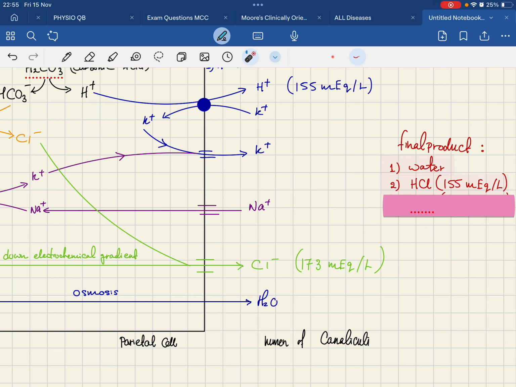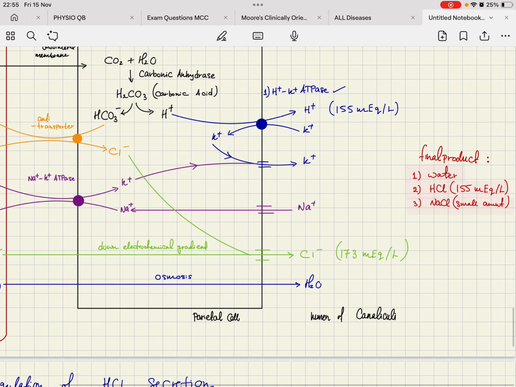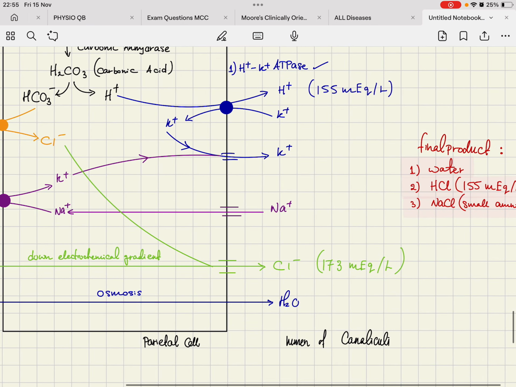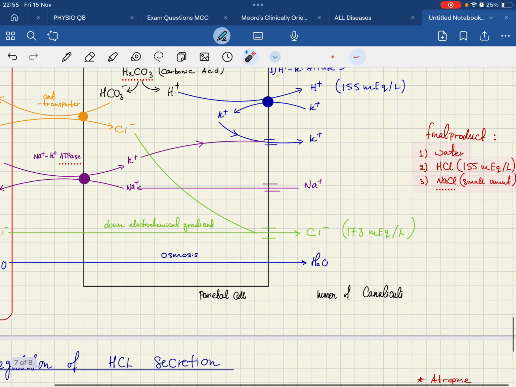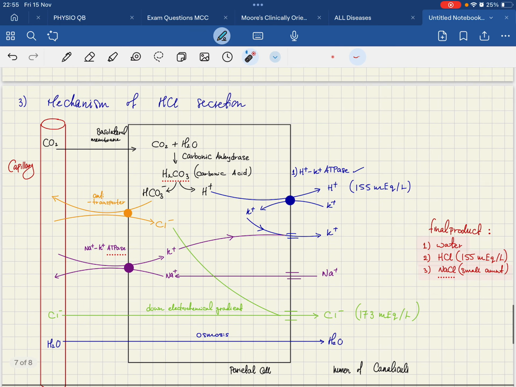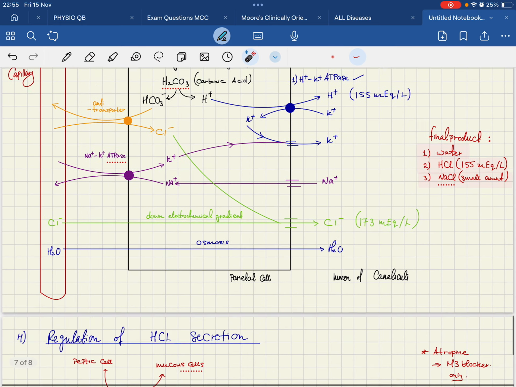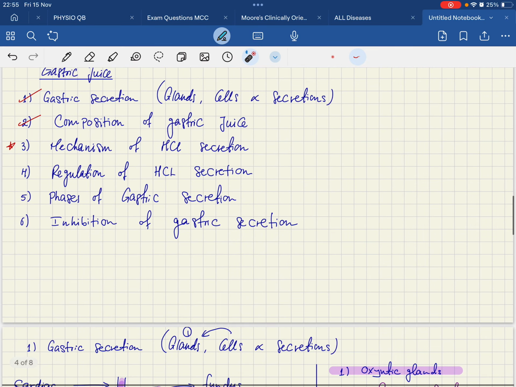And then we will have a small quantity of NaCl, because Na will react with the Cl which is in excess. So this sums up the mechanism of HCl secretion. So we are done with this.